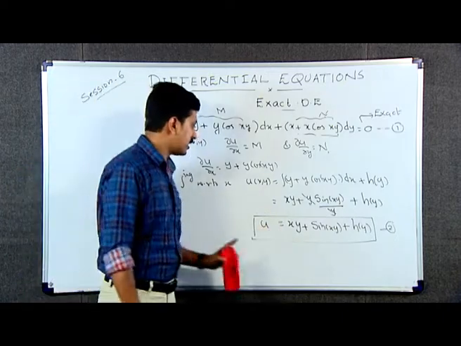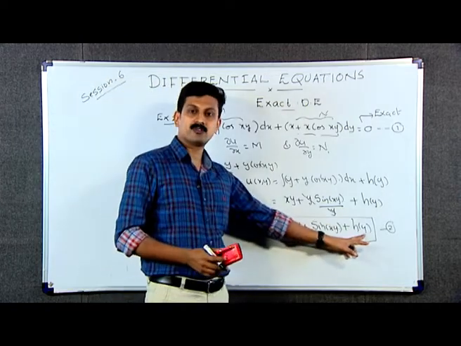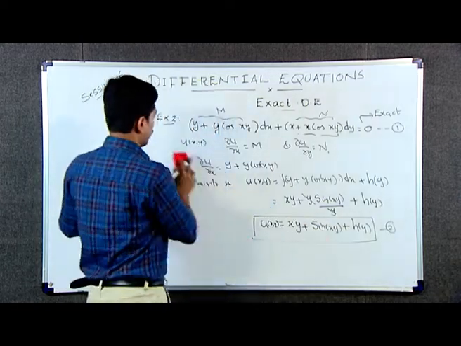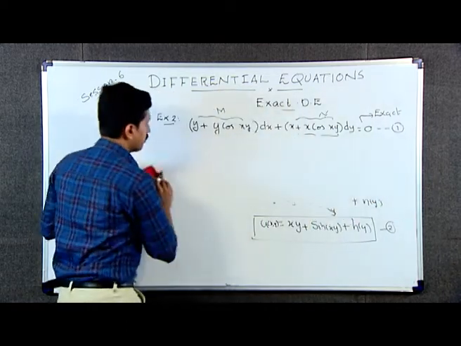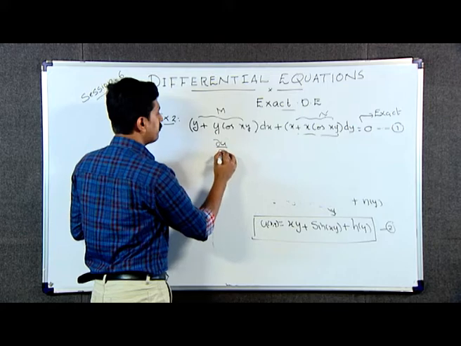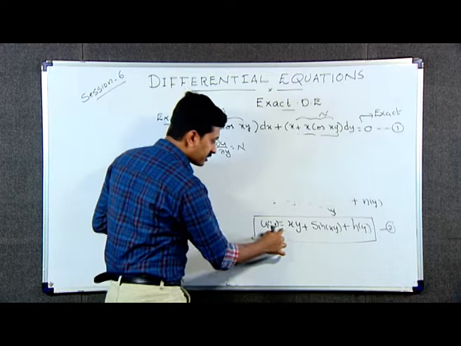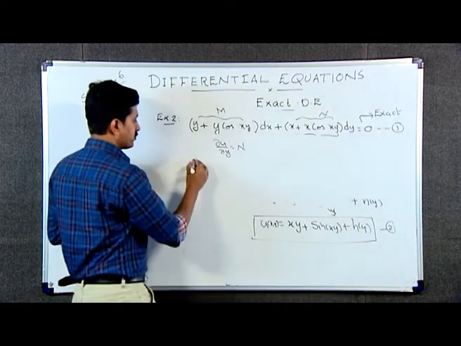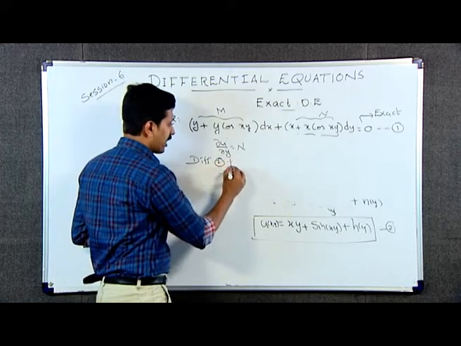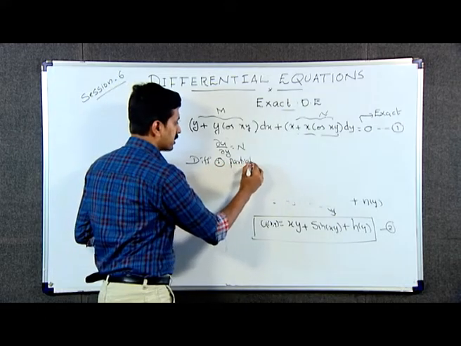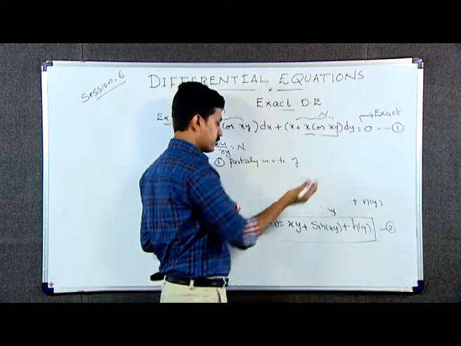Now, equation 2 is a solution, u is actually u(x,y). Now we need to find h(y). To find h(y), we are using the second concept, that is ∂u/∂y is equal to N. That is, I am differentiating partially with respect to y. So, what will happen?